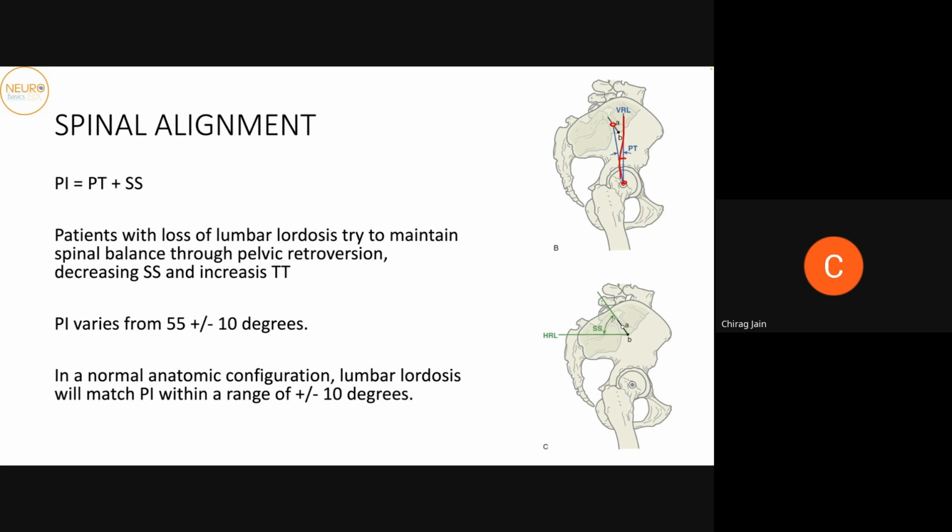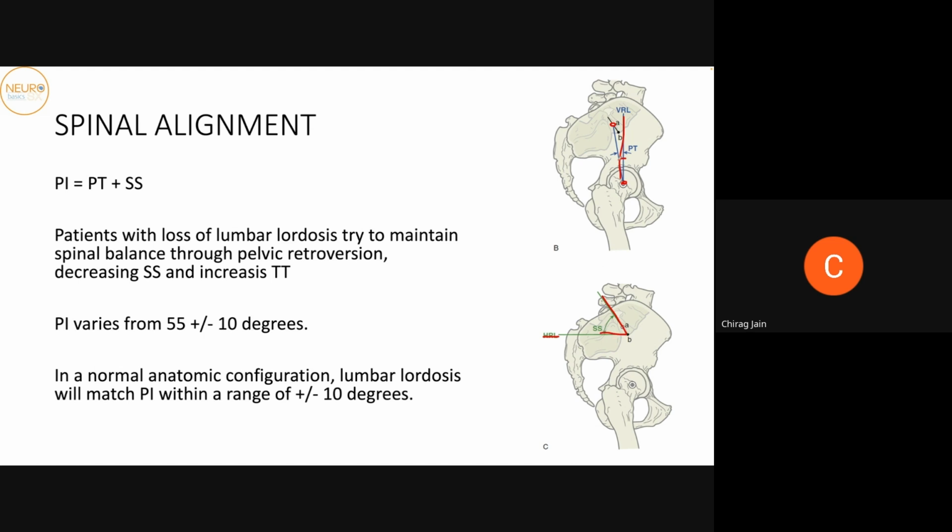The sacral slope, on the other hand, as the name clearly tells you, is just how far the sacrum is sloping. So between the horizontal reference line and the line that we drew between A and B, along the upper end plate of the sacrum, this angle is the sacral slope.